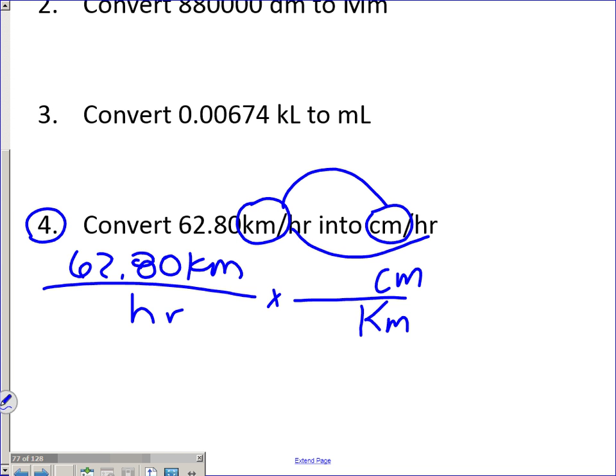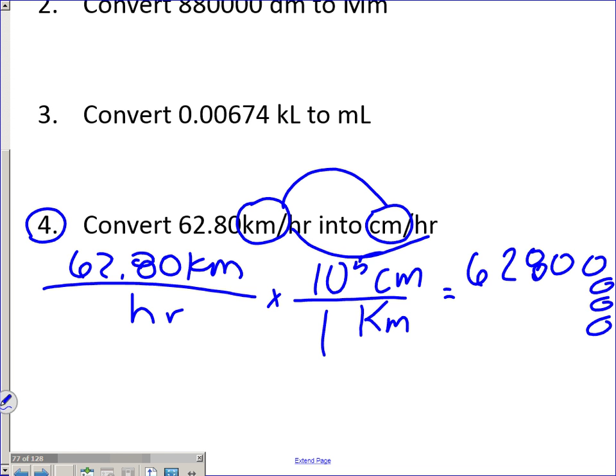So 5 zeros connect them, which is 10 to the 5th. Where does that go? With the centi. So 1 kilometer has 10 to the 5th centimeters in it. Lots of little units. Then you can simply move the decimal 5 places or do it in scientific notation. So 62.8, 2, 3, 4, 5.